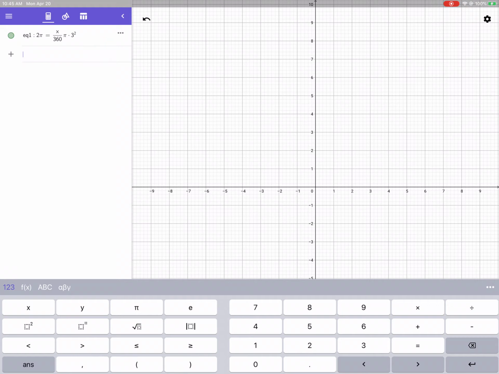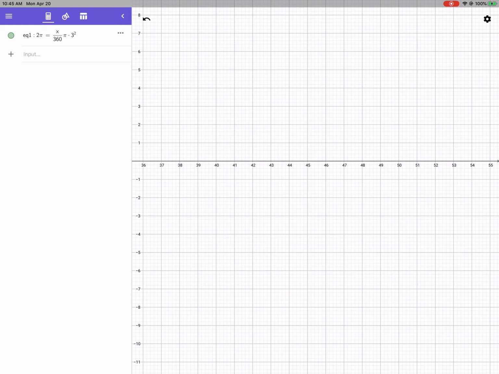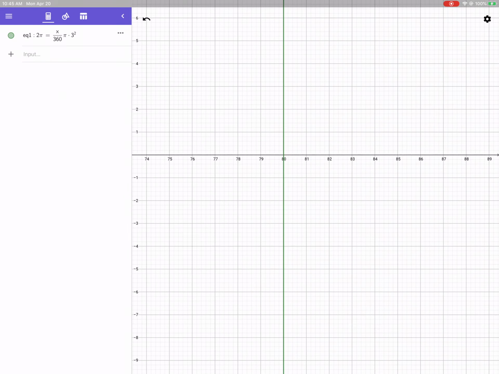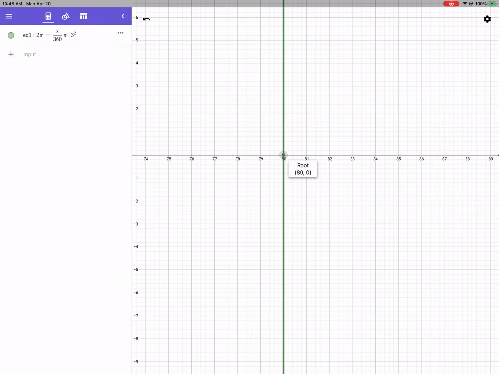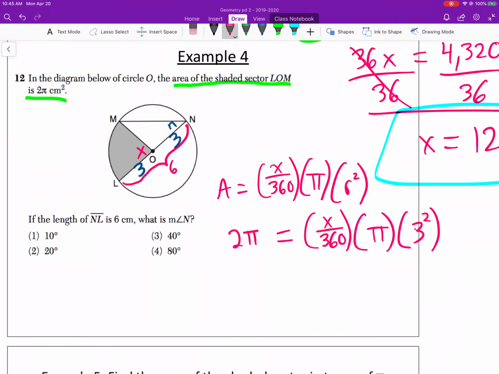Enter. That's exactly as we wrote it. Scroll. 80. That's your central angle there. So using GeoGebra, we got x is equal to 80 degrees.